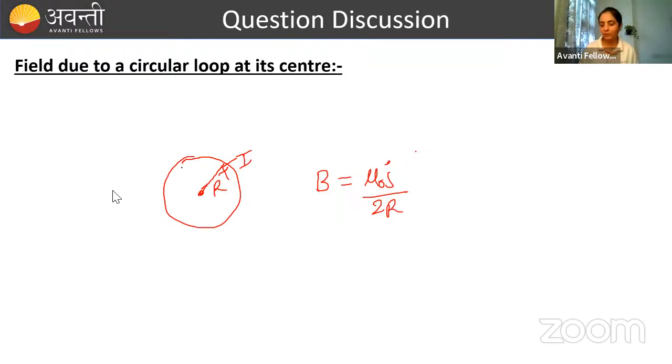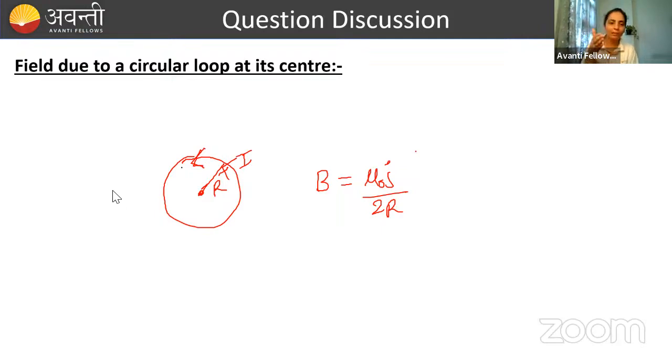So direction calculation is very easy. If you have a coil or something like this, to calculate the direction, what you have to do, you simply curl your finger along the coil. So in this case, current is flowing in which direction? Current is flowing in anti-clockwise direction. So simply curl your finger in anti-clockwise direction.